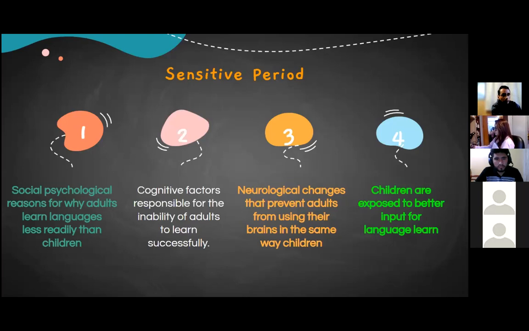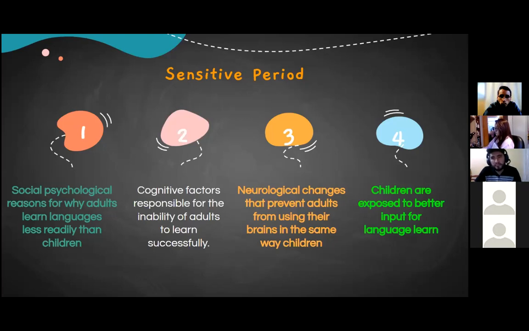Second, there are cognitive factors responsible for the inability of adults to learn successfully. Adults have greater cognitive abilities than children. Third, there are neurological changes that prevent adults from using their brains in the same way children do on language learning tasks.